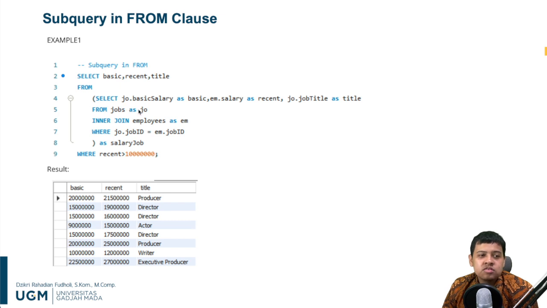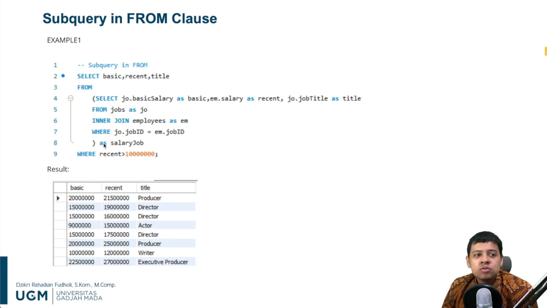FROM jobs AS jo INNER JOIN employees AS em, where the job ID is equal to em.job_id. For this example, we can use ON or WHERE. I think MySQL is able to distinguish between these two, but there will be no difference.